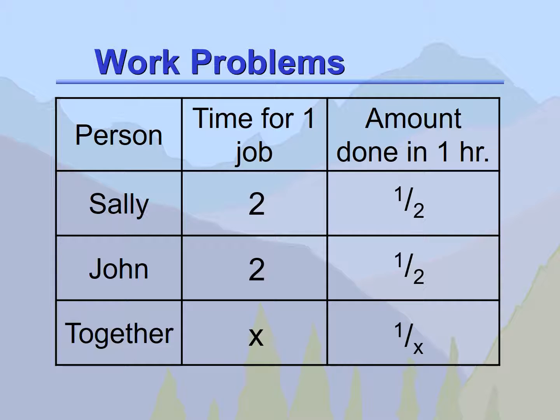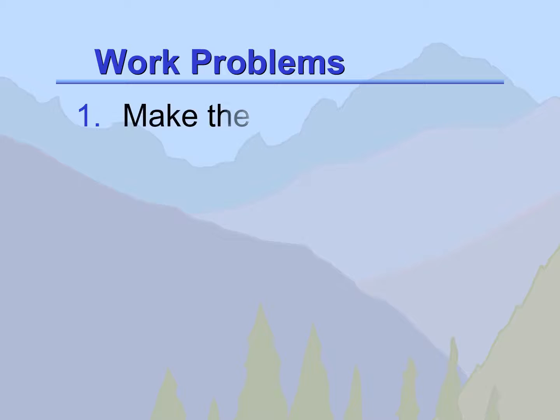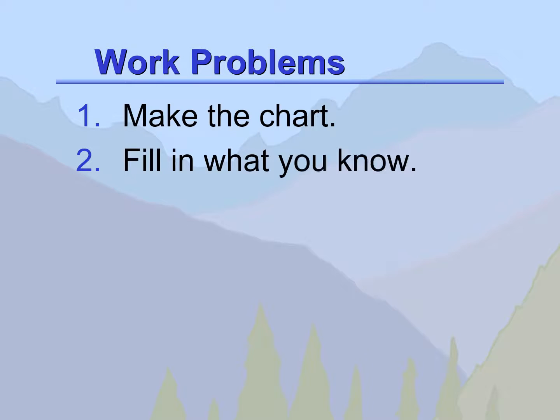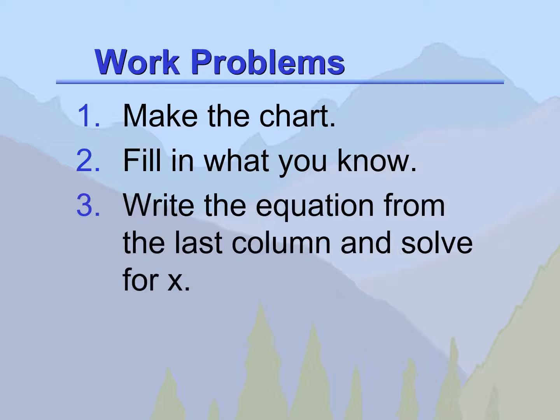So again, you're taking that third column and adding up the first 2 rows to get the third row. So for work problems, this is how you solve them. You make the chart, you fill in what you know, and then write the equation from the last column and solve for X.